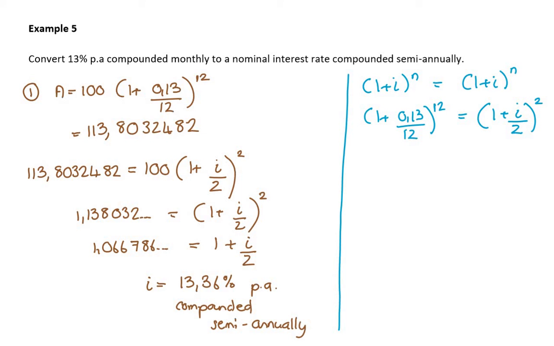And so I get a very, very similar kind of calculation. So if I work that out, I get 1,138032 equals 1 plus i over 2 to the power of 2. And you will notice that's exactly the same as there. So I would now square root both sides. I'd subtract 1, multiply by 2 and multiply by 100, exactly how I did in the previous method. So they really are related.